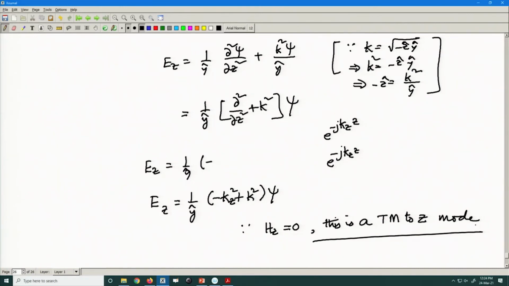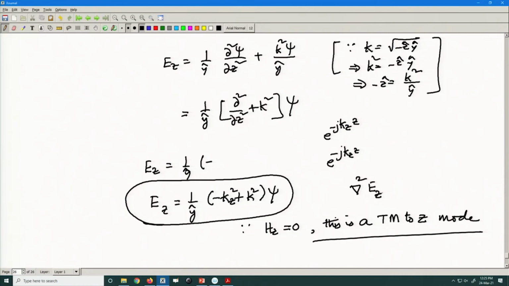It is also called an E mode, because this component of the electric field, being directly proportional to psi, will independently satisfy the source free wave equation, because psi is a solution to the source free wave equation. Therefore, E z is also going to satisfy the source free wave equation.